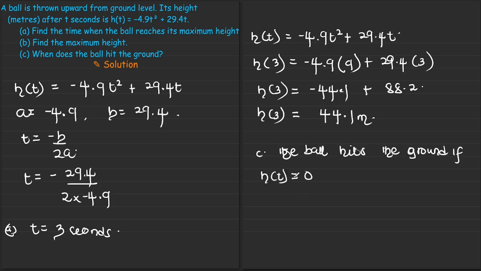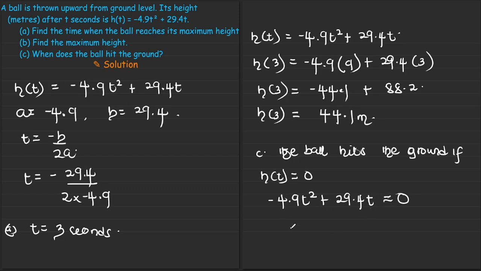So for H of t to be equal to 0, it simply means we have what? H of t was negative 4.9 t squared, then plus 29.4 t, and all this is equal to 0.